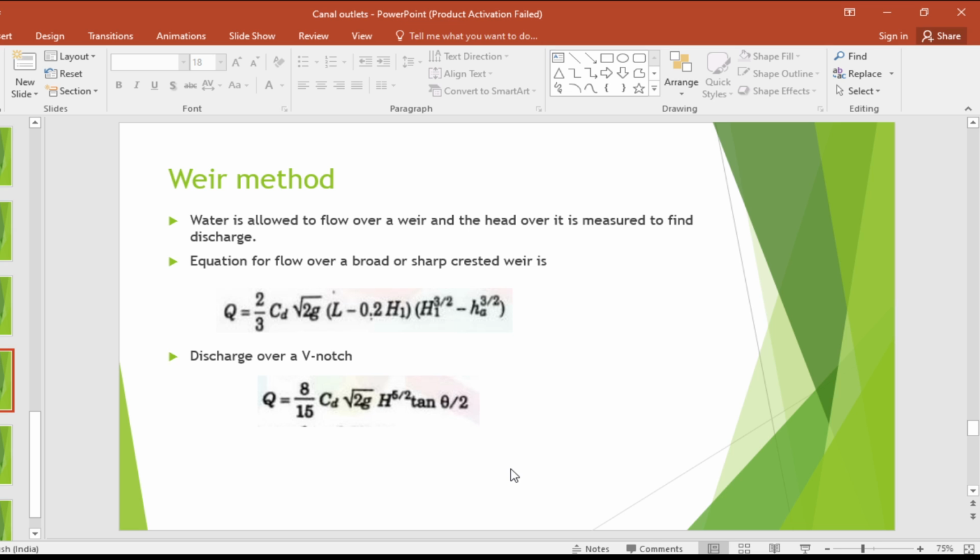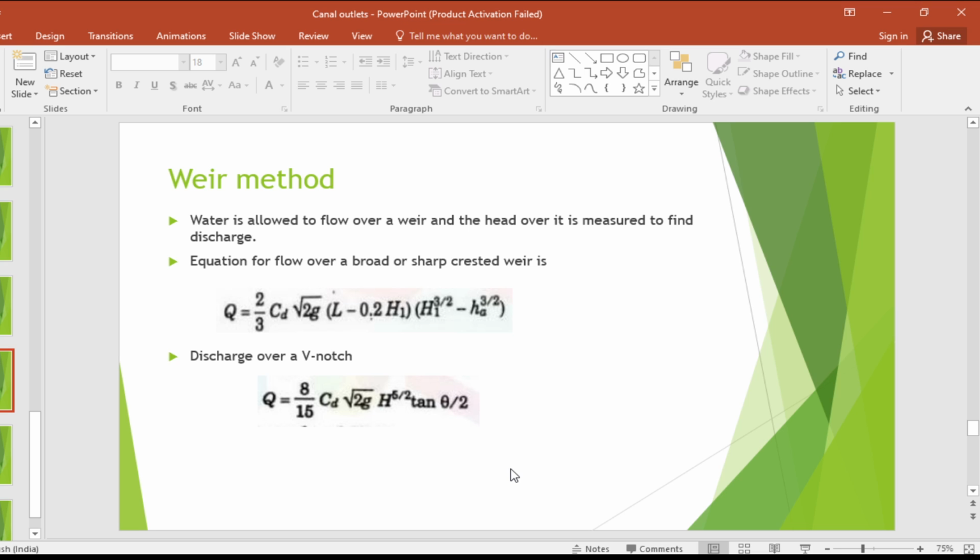This is also a very simple method. Weirs and notches you have already studied in fluid mechanics. Here, the water is allowed to flow over a broad crested or a sharp crested weir, and the head over that weir is measured for finding out the discharge.